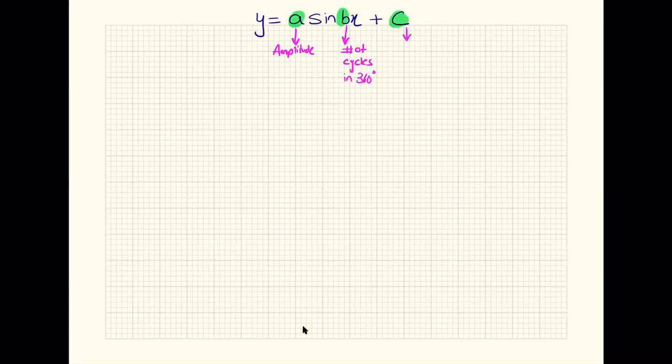And C value is responsible for vertical translation. You can call it a line where your principal axis is gonna be, or you can say it's responsible for vertical translation. Just give me a minute.